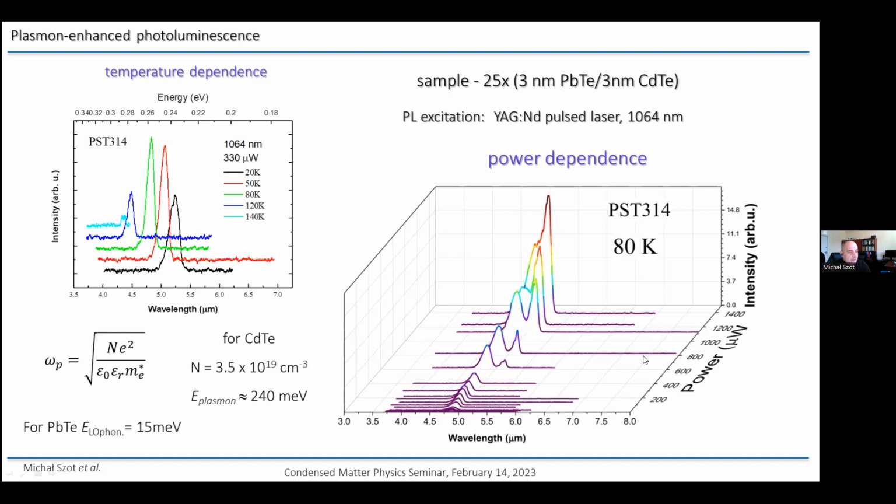We attribute this emission to enhancement of photoluminescence due to interaction with plasmons from the two-dimensional gas which is present at the interfaces between lead telluride and cadmium telluride. The presence of this two-dimensional gas is expected due to band bending at the interfaces.